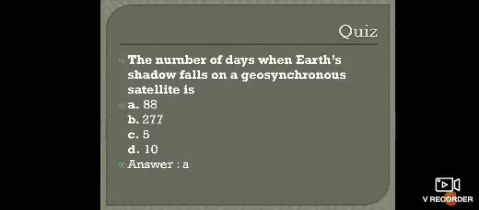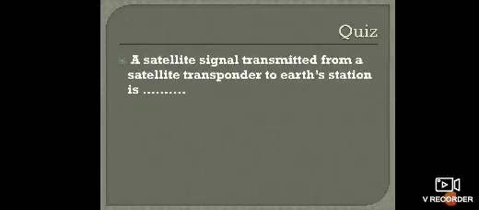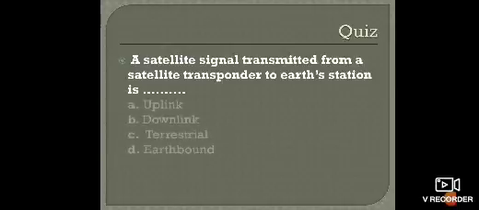Okay, next question. A satellite signal transmitted from a satellite transponder to the Earth station is called, the first option is uplink, the second option is downlink, the third option is terrestrial, and the last option is earthbound.